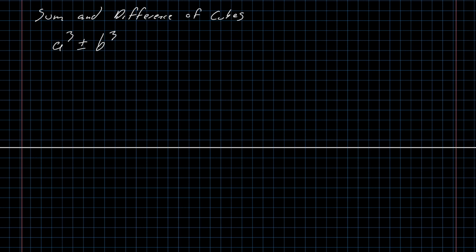If you have, instead of perfect squares, perfect cubes, then sum or difference are both perfectly valid. A cubed plus b cubed, a cubed minus b cubed. And honestly, this is an opportunity to introduce the plus or minus notation and its conventions here.